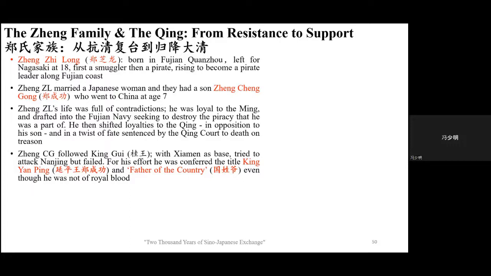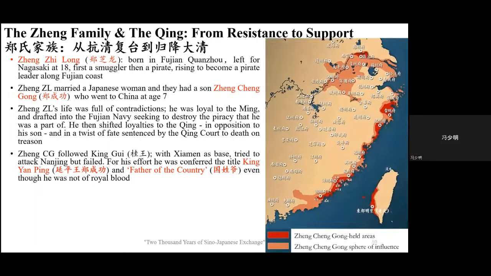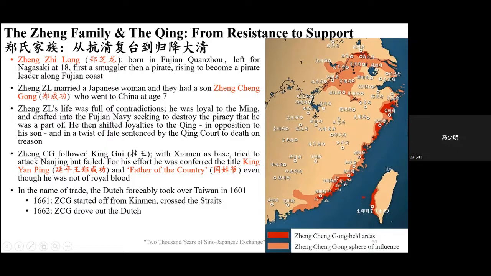As a result, he was conferred the titles Yanping Wang and Guoxingye, even though he wasn't of royal blood. And this was where he was active, on the right-hand side, in the areas in red, where Zheng Chenggong tried to overthrow the Qing government.